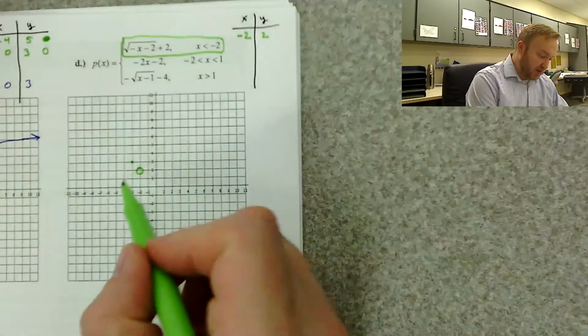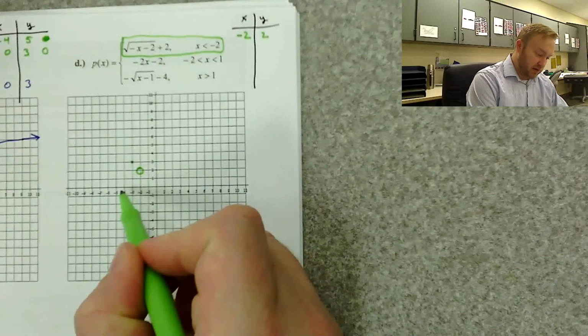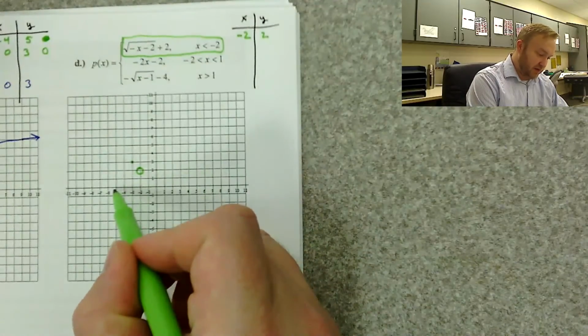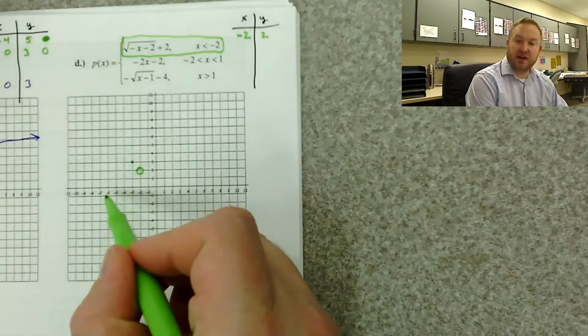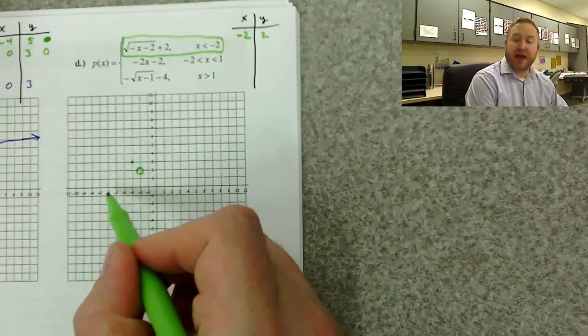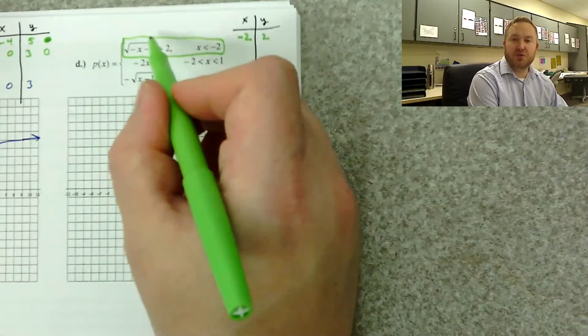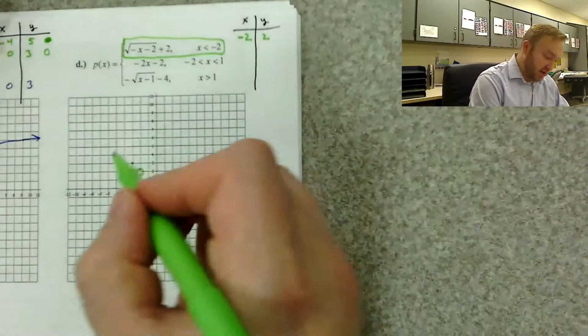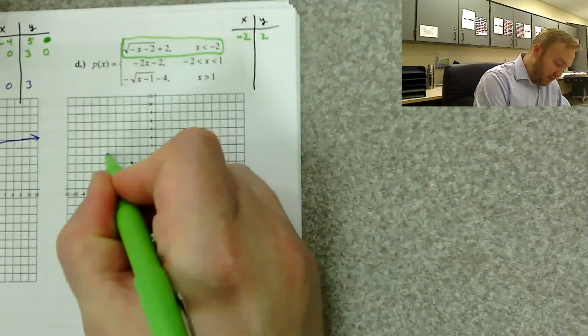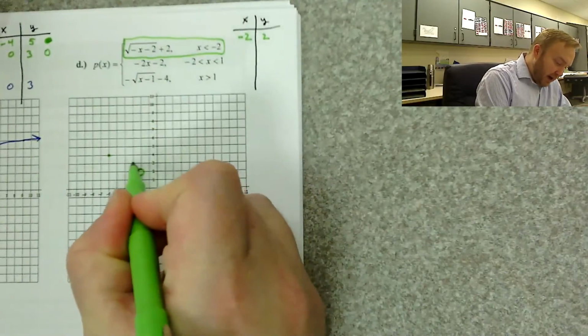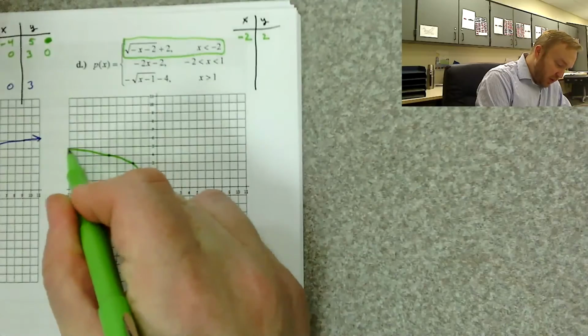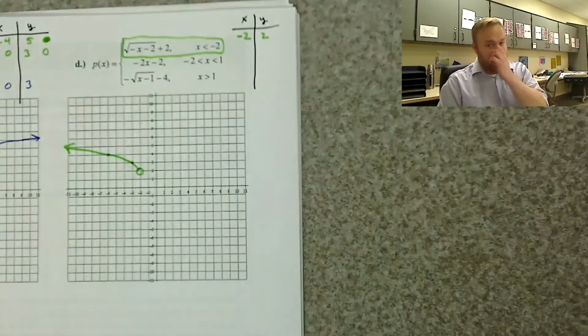Let's see. What if we went to 4? That's not going to work. How about 5? No, 5 won't. How about 6? Let's go to -6. If x is -6, this becomes 6 minus 2, which is 4. Square root that, we get 2, plus 2. Okay, so (-6, 4) is a point. I know that I'm going to get this square root curve, and so I'm just going to go ahead and graph it like that.